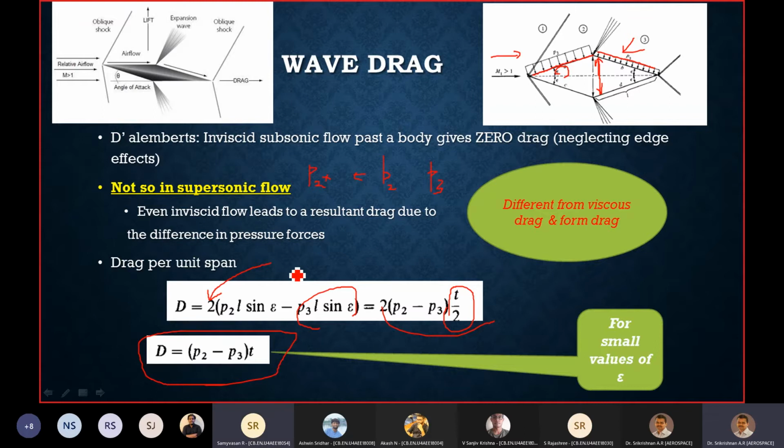To include the bottom side forces. Exactly, yes. Because I just considered the top portion, the same phenomenon is happening on the other side also. So you need twice that force.